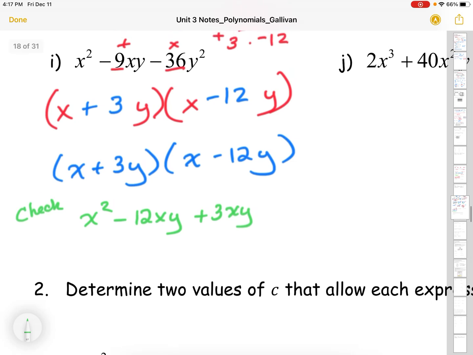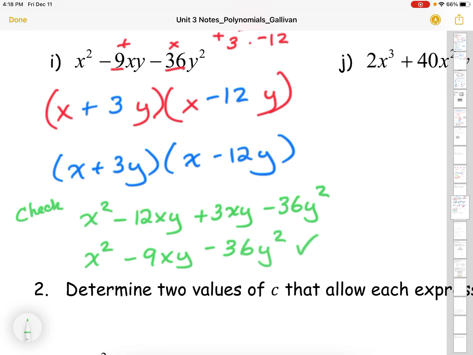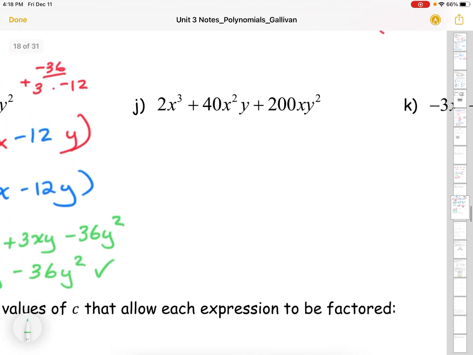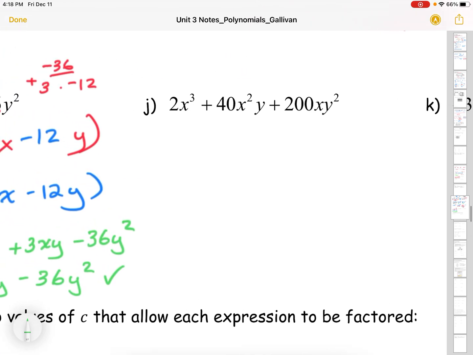And 3y times negative 12y is negative 36y squared. Now I combine my middle terms: negative 12xy plus positive 3xy is negative 9xy. And then I have my last term. So yes, it worked. Just wanted to show you how those y's are in there and they don't mess anything up. Okay? Alrighty, let's do the next one.